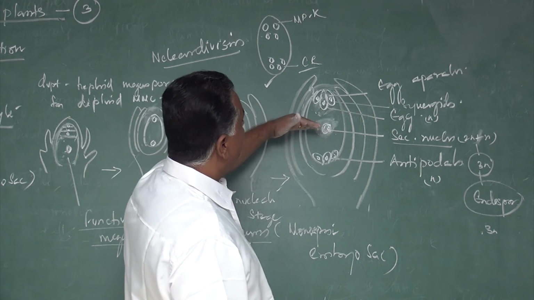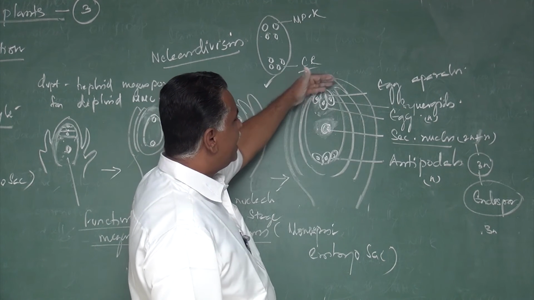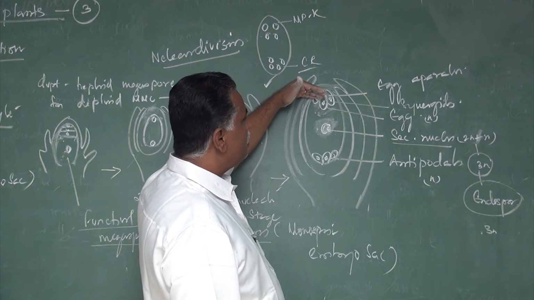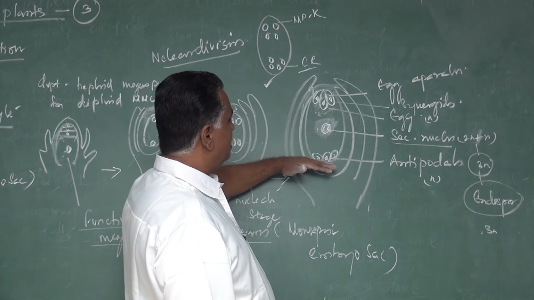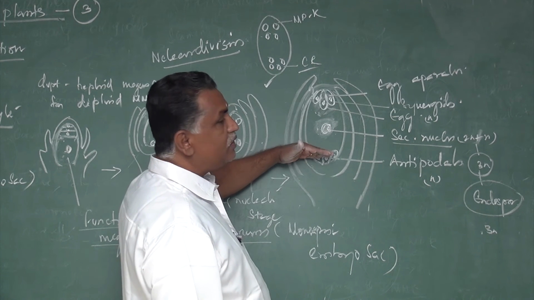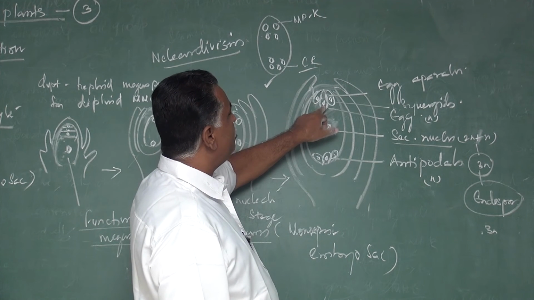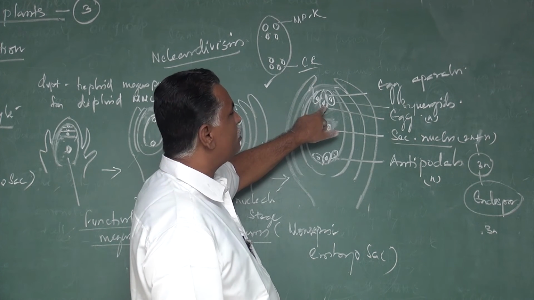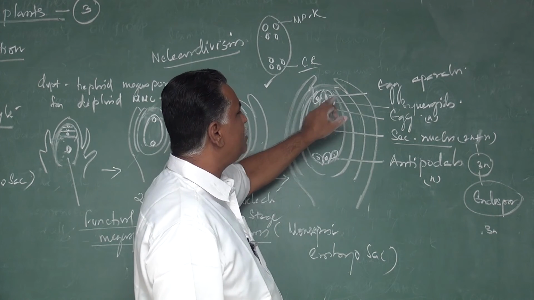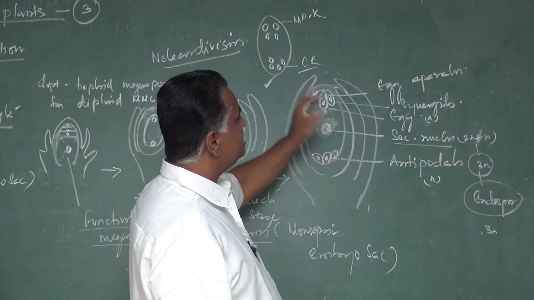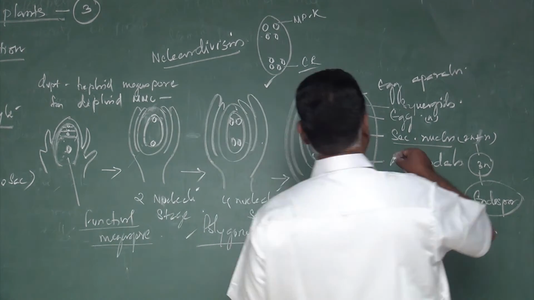So leave that. Here we have the egg apparatus. There are 3 cells. On the antipodal side, there are 3 cells. At the center of the egg apparatus, there is the egg, which has n number of chromosomes, and on both sides there are synergids.